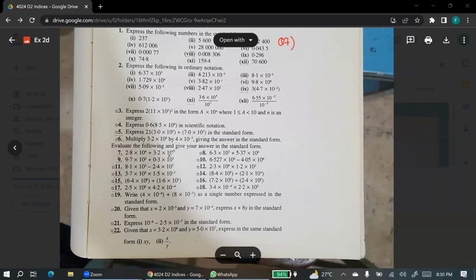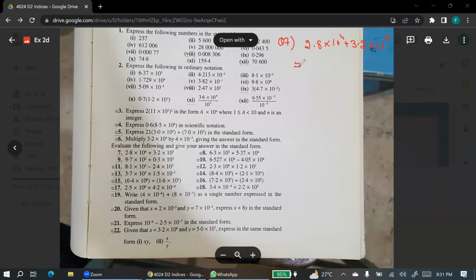If there is a plus sign between two standard forms, how can we handle this one? 2.8 into 10 power 4 plus 3.2 into 10 power 5. If there is a multiplication, or if there is addition or subtraction sign, then the method is the same for addition and subtraction to simplify the standard forms.